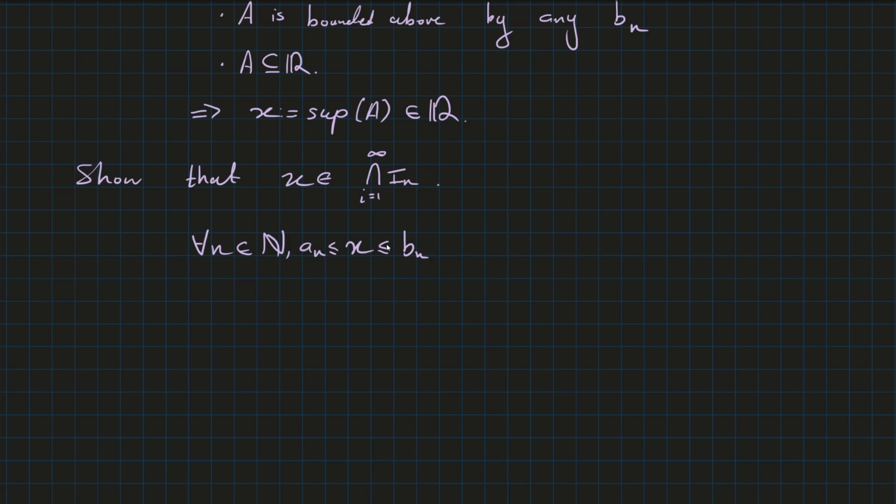It's in the interval. We can just write that x is an element of the closed interval [An, Bn], which is equivalent to x being greater than or equal to An and less than or equal to Bn.